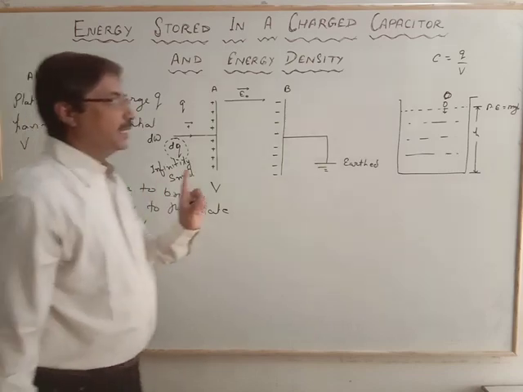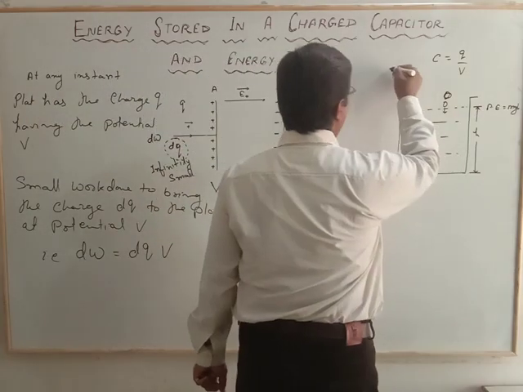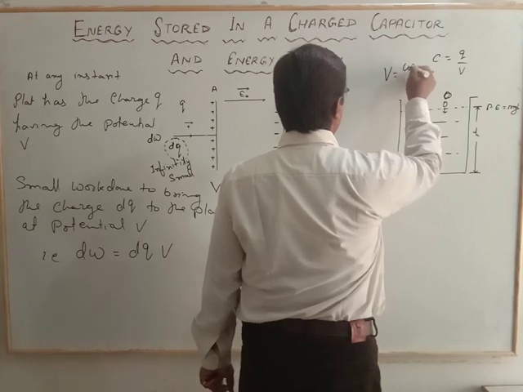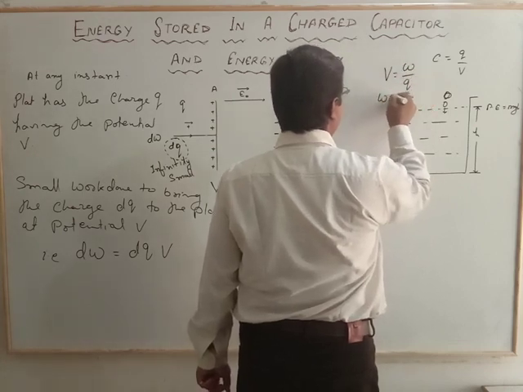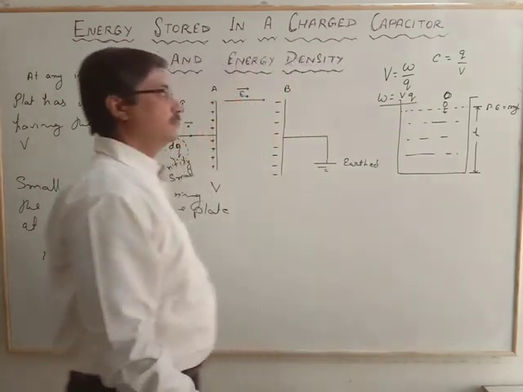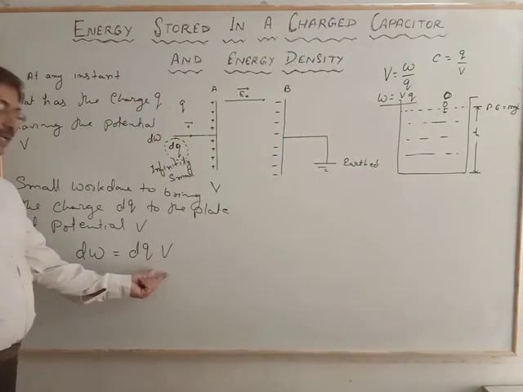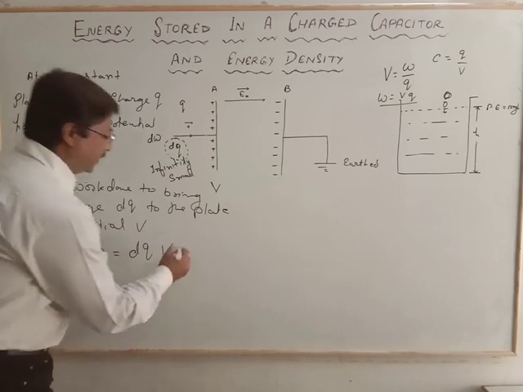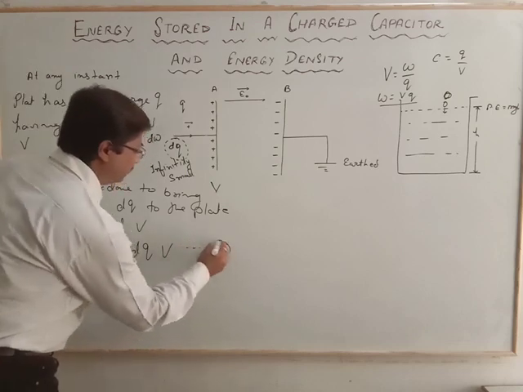We know that potential V is equal to work per charge, or work is equal to V into Q. The same character we have considered here, and that becomes equation number 1.